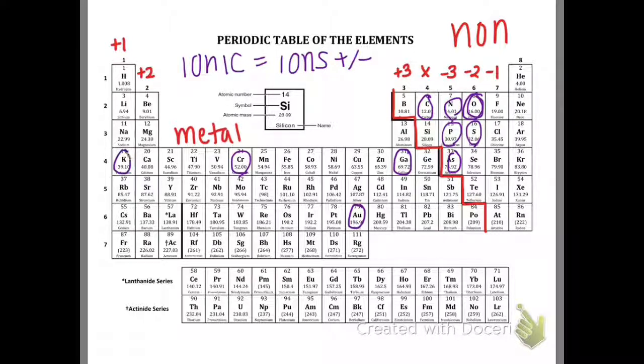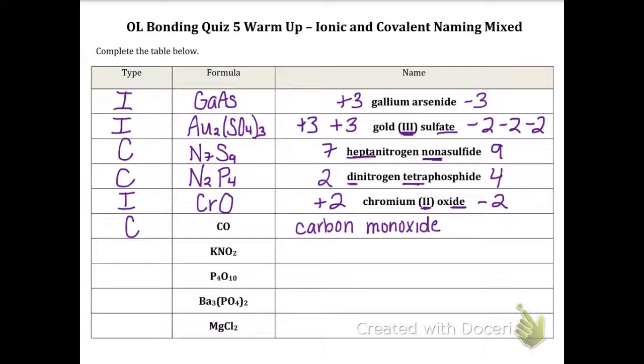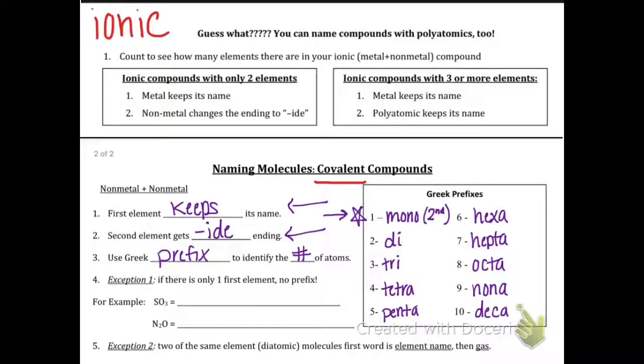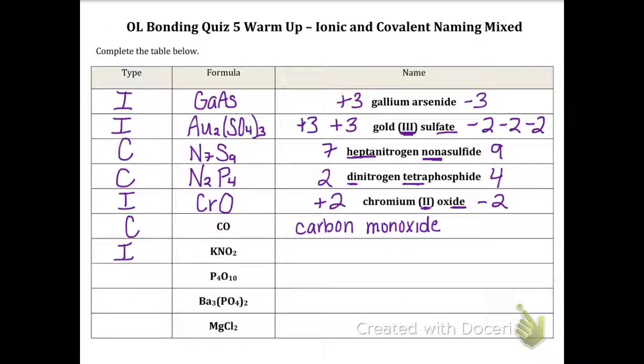All right, next we have KNO2. Potassium is over here, which means it has a metal, which automatically tells us that this is an ionic compound. Now remember, with ionic compounds, it's important to count whether you have only 2 elements or if you have 3. So let's count how many capital letters we have here. We have 3 capital letters.